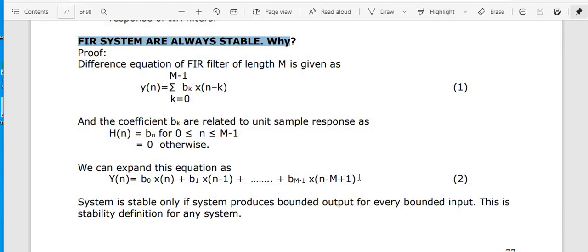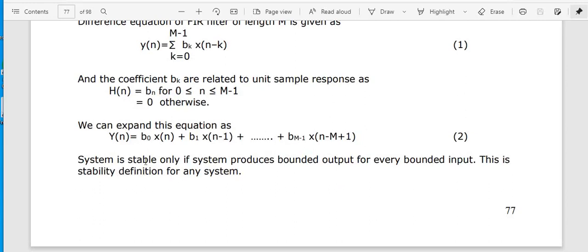If you want to find the stability of the system, how do we obtain it? If the system produces bounded output for every bounded input, that is BIBO, bounded input, bounded output, then we can say the system is stable.